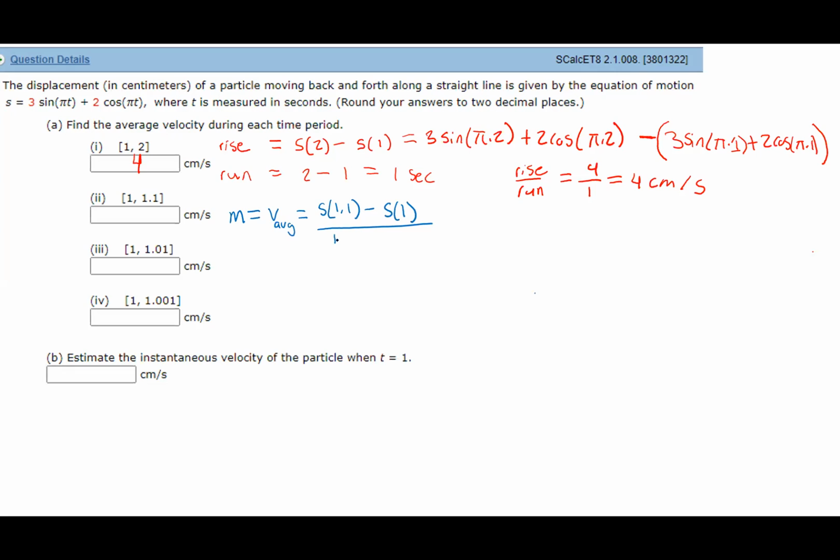The new run is 1.1 minus 1. And notice how I keep the 1.1 terms on the left and just the 1 terms on the right. You can switch them, but you've got to switch both so it's consistent. All that matters is consistency, not necessarily that one always has to be on the left and one always on the right. You could do S of 1 minus S of 1.1 divided by 1 minus 1.1, and it would give you the same exact answer.